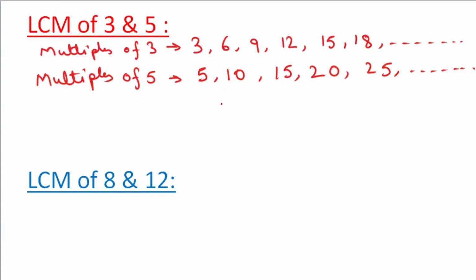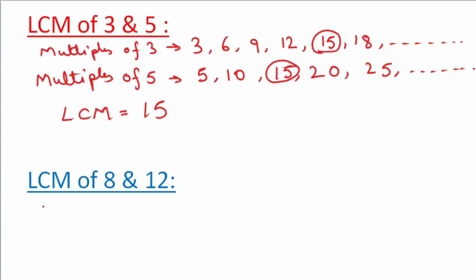So let's find out which numbers are common in both lists. The first common number is 15, the smallest common number in both lists. So the LCM is 15.